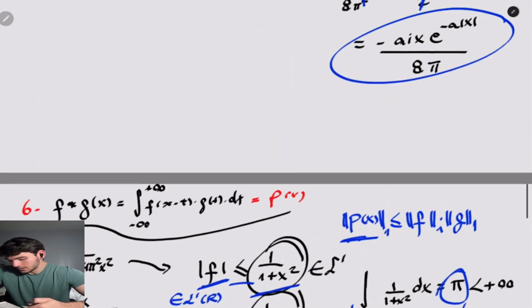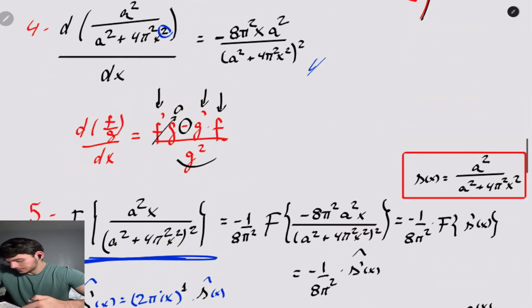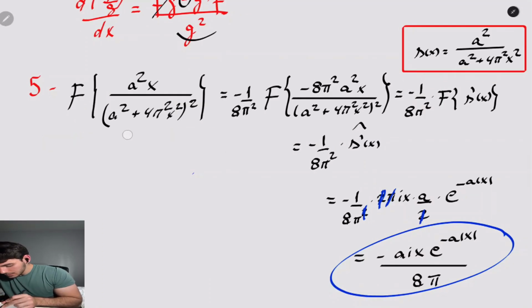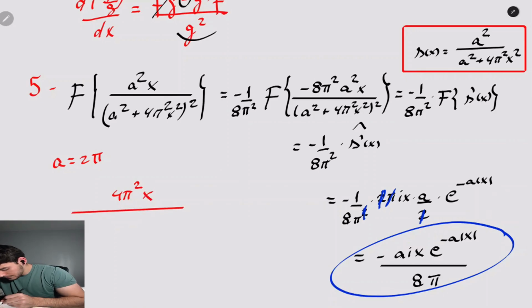And now it's easier to visualize that we already have this value of the Fourier transform, because if we go to our question 5 and we substitute a equals 2 pi, we'll have 2 pi squared, so 4 pi squared x divided by 4 pi squared plus 4 pi squared x squared.